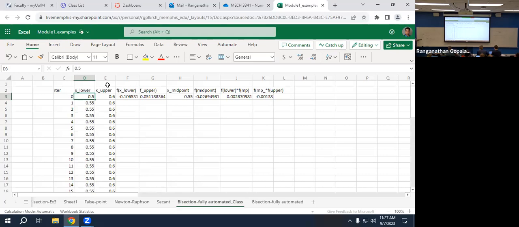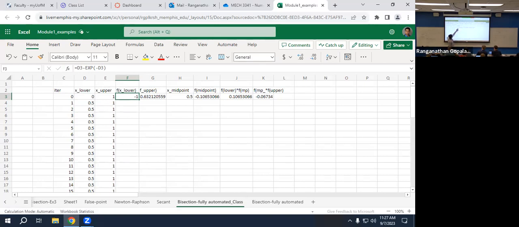Okay, so we'll start with 0 and we'll say 1. I'm just going to go with 0 and 1, and later we'll do other guesses. So you can see here f of x lower. I calculate here. You don't have to write this down or do this with me. I'll give you time.